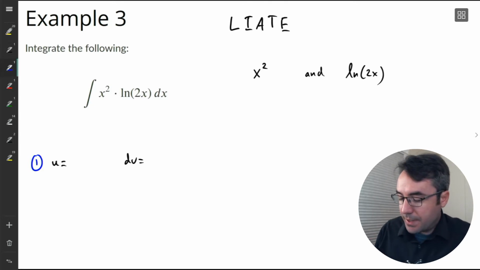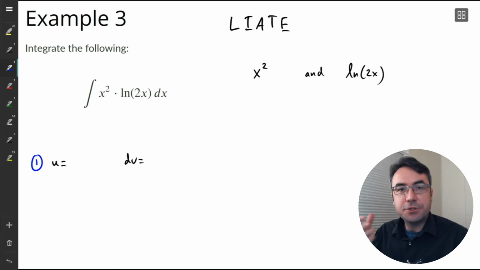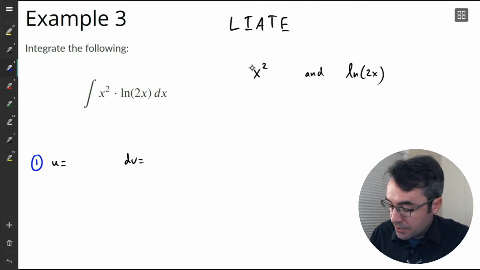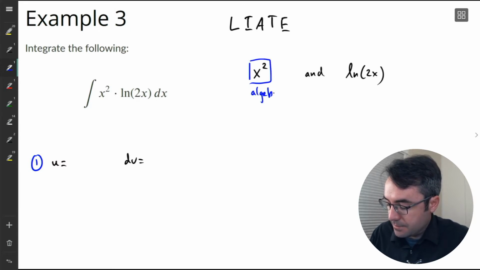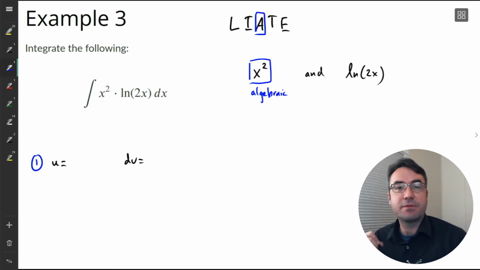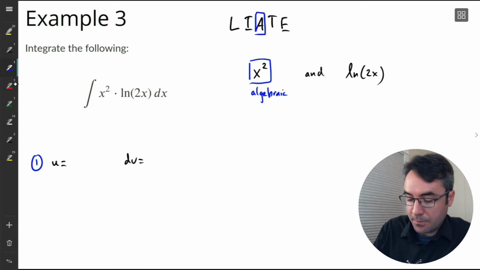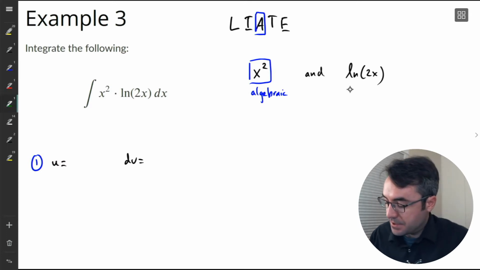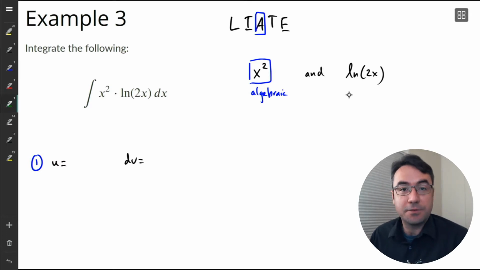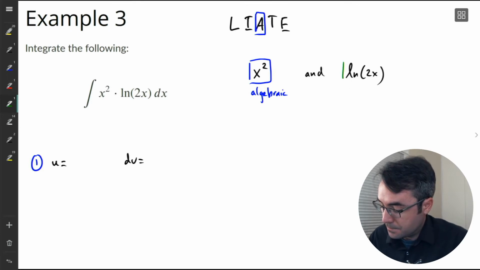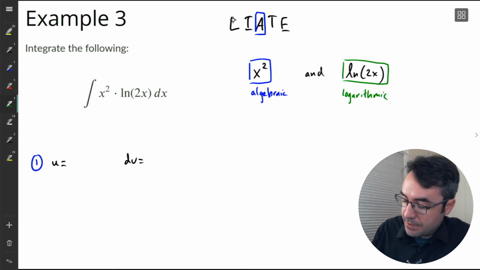Then we go through and look at the two pieces of our function and classify them. So x squared here is an algebraic function. Then the next piece, ln of 2x, is a log function, and that's over here.